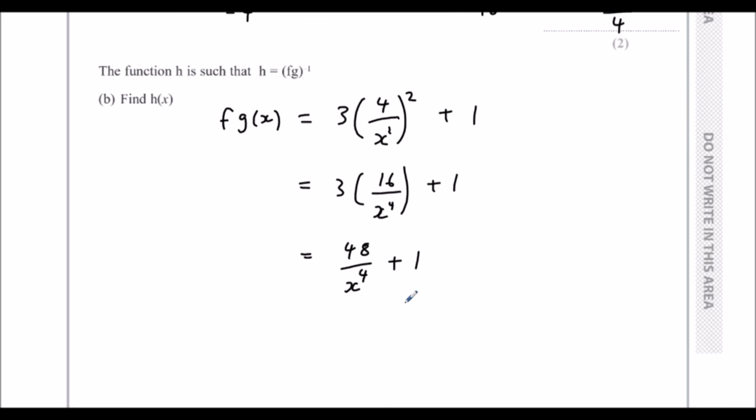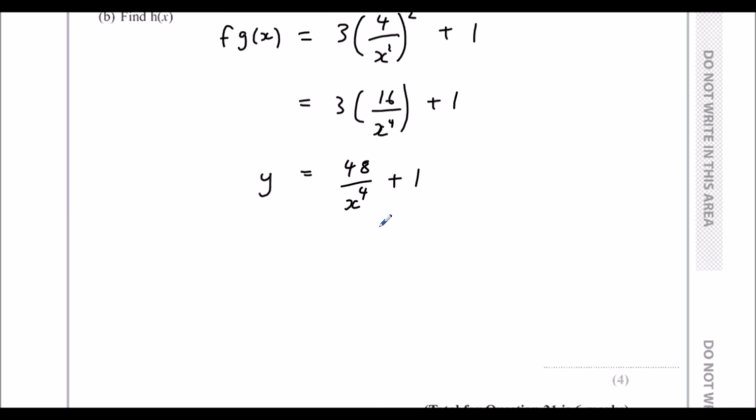So what's the opposite to this? What's the function that would go backwards to this? So one way of doing it is to say if y equals this, what would happen if I make x the subject of the formula? So how do I get x by itself? How do I undo this function? So I will take 1 away from both sides. y minus 1 is 48 over x to the power of 4.